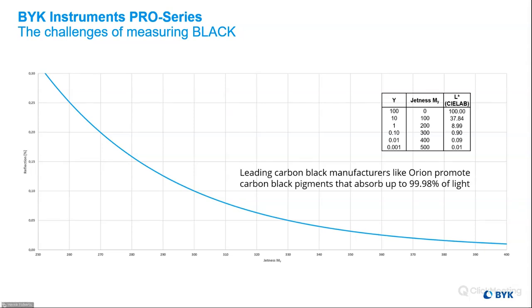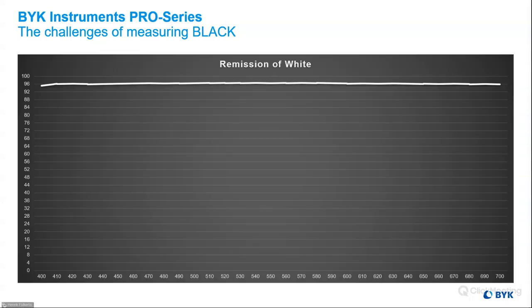Before we look deeper into black, here a remission curve, a reflectance curve for a white. So a bright white reflects almost 100% of the light. Now, when you check here the scaling, we are here on top.